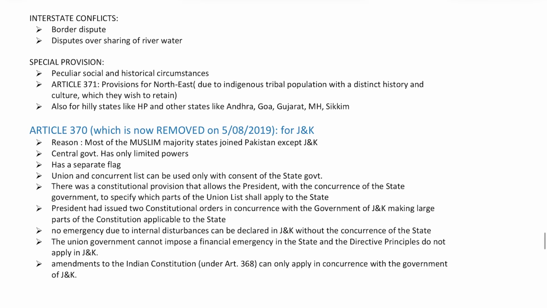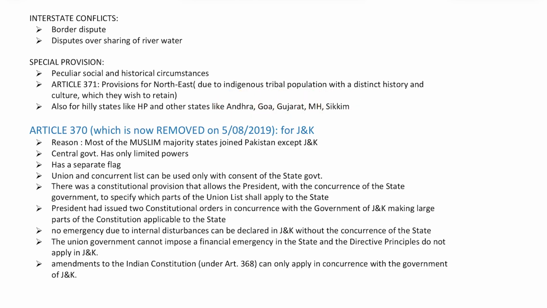Then, in the special provisions, because of some peculiar social and historical circumstances, there have been some special provisions provided to some of the states. So, according to Article 371, the provisions for Northeast, due to indigenous tribal population with a distinct history and culture, which they wish to retain. Also for the hilly states like Himachal Pradesh and the states like Andhra Pradesh, Goa, Gujarat, Maharashtra, Sikkim.